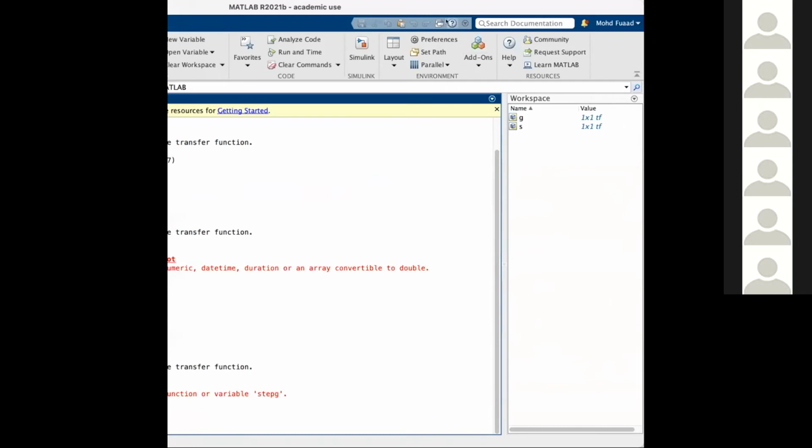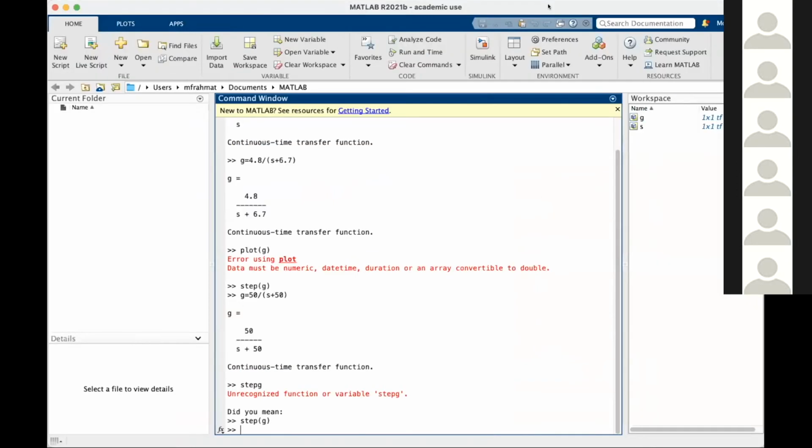Okay. Aisha Shahira. Yes, Prof. Can you give me the example transfer function just now? G equals 200 over S squared plus 10S plus 200.